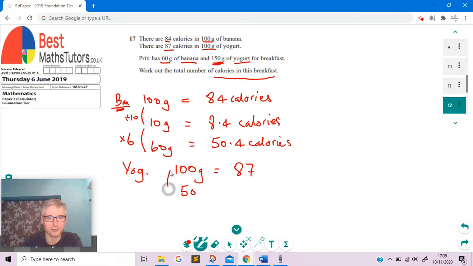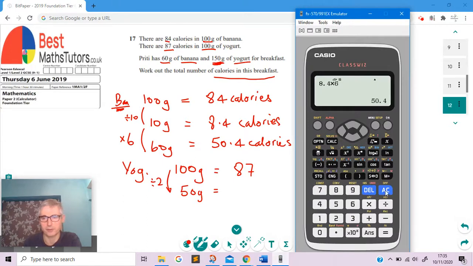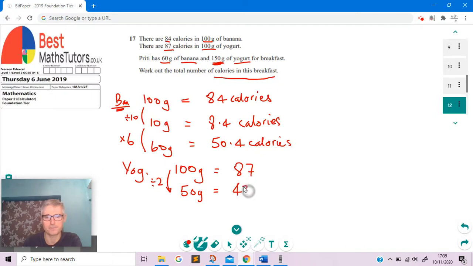So once I've got 50, it's very easy to then find 150. So I could first of all get 50 by dividing by 2. So let's just do that on the calculator. 87 divided by 2, and we press the SD button again, and we get 43.5 calories.